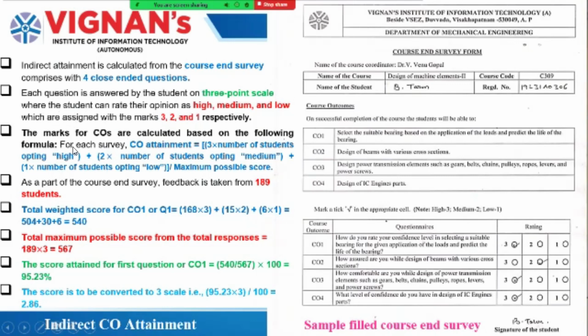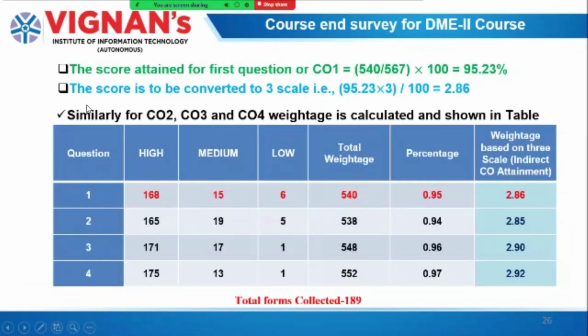You have to convert the same into a 3-point scale like this, then you will get 2.86. So 2.86 for the first question, that is for CO1. Like that, for each question or each CO, you have to find the weightage.